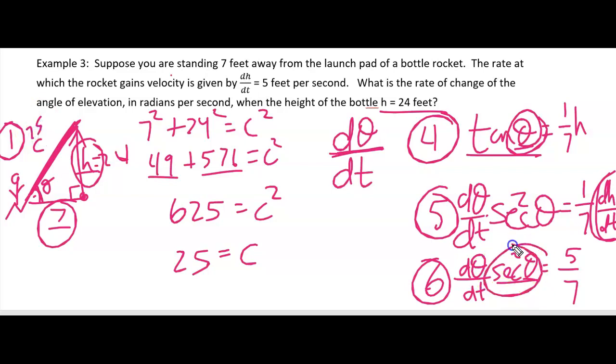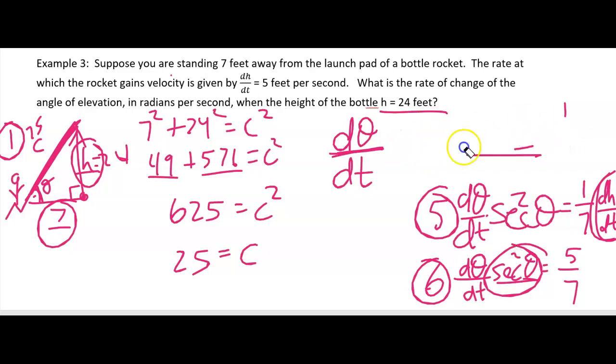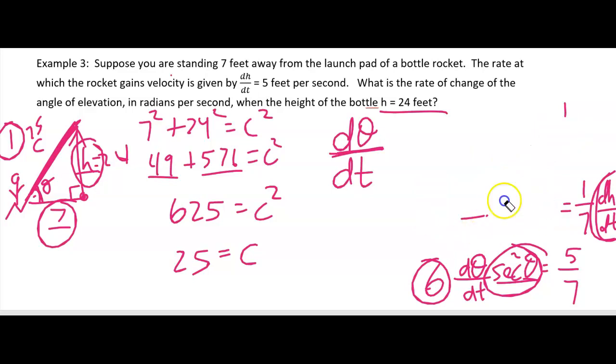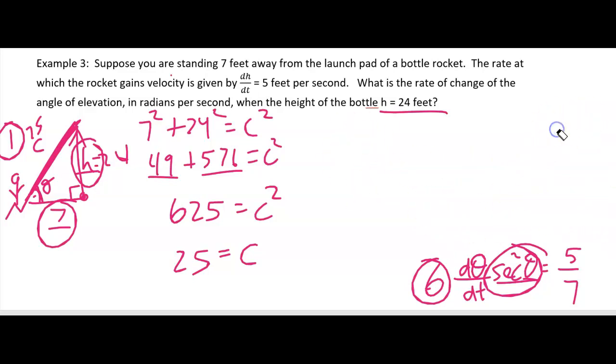So what would secant be? Secant is hypotenuse over adjacent. So here's what we have then. d theta over dt. Instead of secant squared, we're going to put what secant is in there.